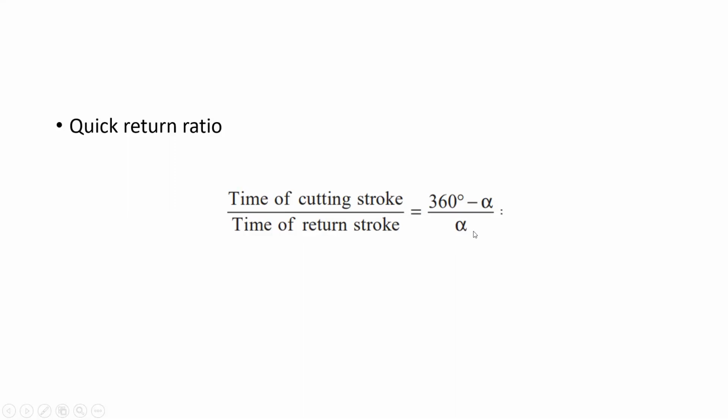Alpha, you know, is the angle through which the lever returns back to its original position. You note it down, then we'll stop here and continue next class. I will also show you the animation of the same.